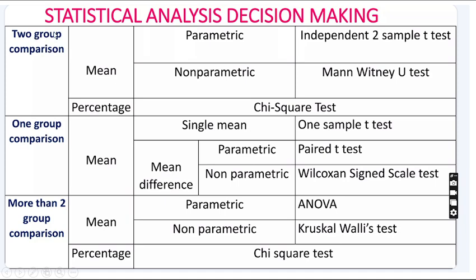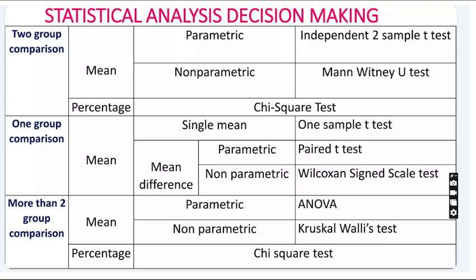If you have to compare two groups, if you have a mean or a percentage, then you know there are two types, parametric and non-parametric, for the test. So if you have a data which is suitable for parametric analysis or non-parametric.